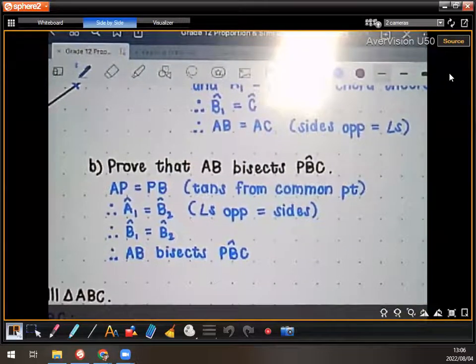AP is equal to BP or PP. And that's the reason, guys, that's how it is written in the CAPS document. Tans from common point. So then I say therefore A1 is equal to B. So those are the two angles in the triangle there, which is now an isosceles triangle, right? Angles opposite equal sides.